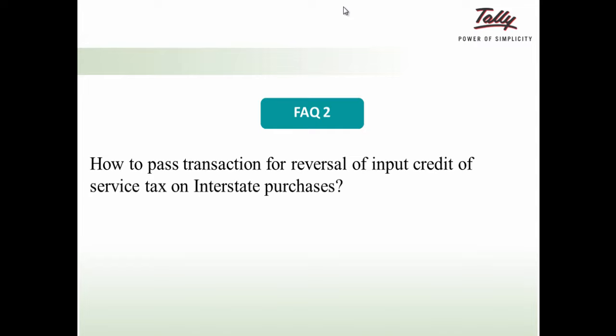So your input credit you have utilized, but you have not received the bill from your supplier even though 3 months have passed. Then the rule states that the input credit of service tax which you had utilized has to be reversed. So how do you do it?